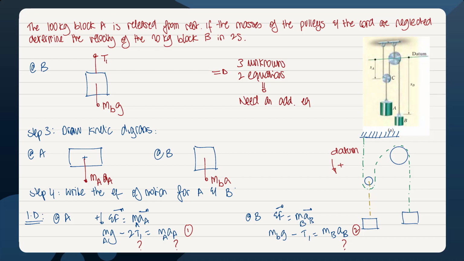Remember from the notes of the previous videos, we know that additional equations can be found by using the kinematic equations. We know that we're dealing with a dependent motion analysis problem, so we can make use of the dependent motion equation. So let us do that for step 5. Let us write an equation for the rope.